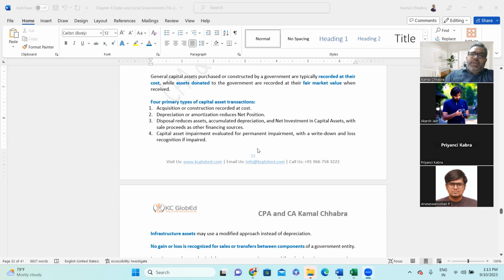But if the government has received anything in the form of donation, maybe like the UN has given certain funds to the government, for example, if you remember back in 2015, the Japan government gifted Rudraksh Center to India, right? So that is being reported at the fair market value.